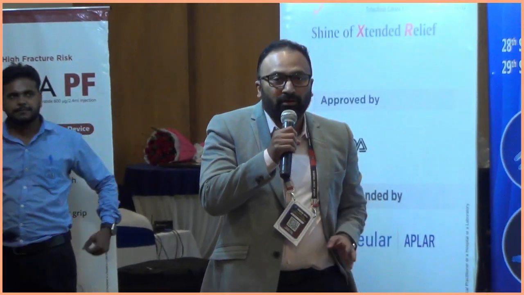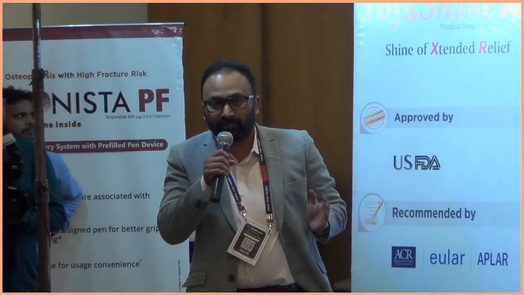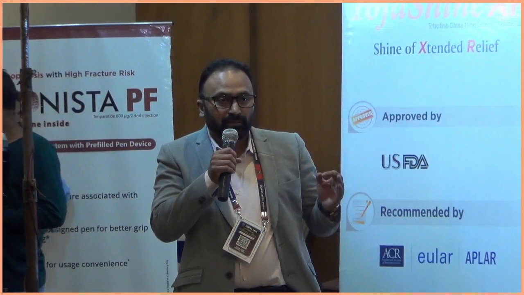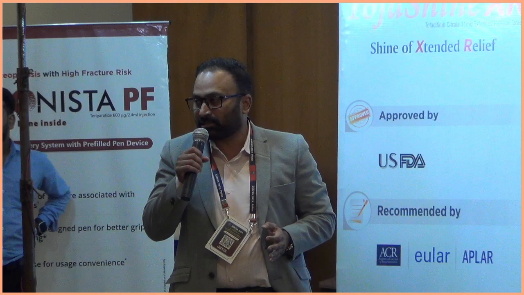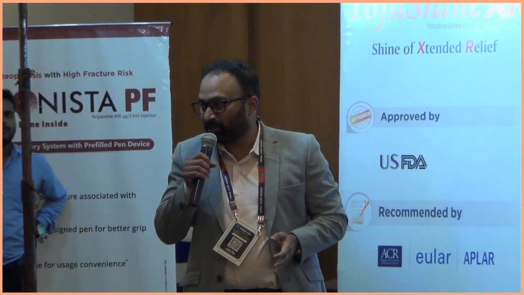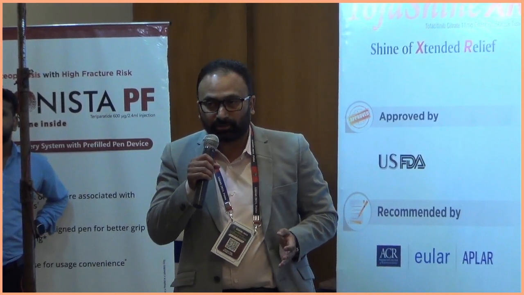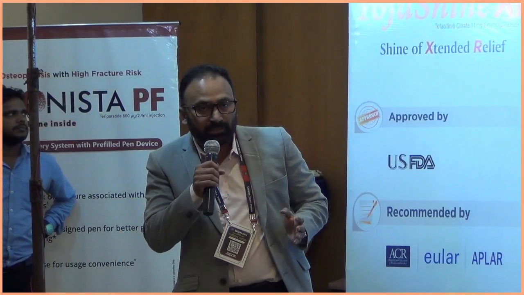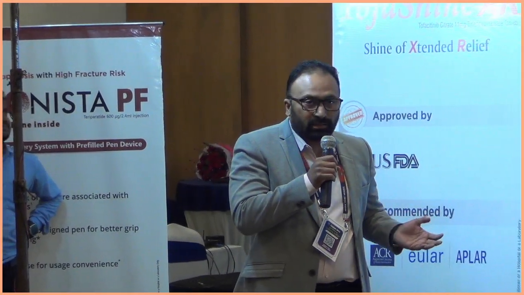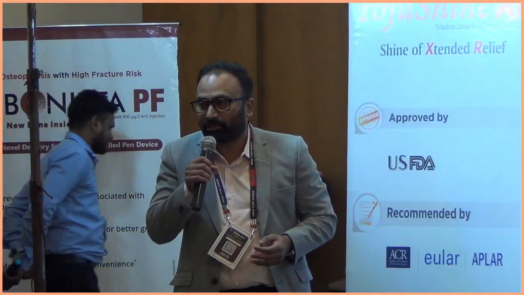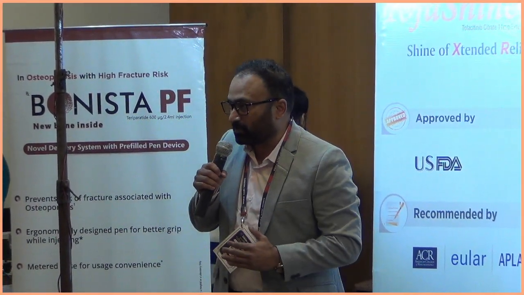Tofacitinib is not the first-line drug of choice for rheumatoid arthritis. Whenever we diagnose rheumatoid arthritis, the first drug of choice is methotrexate, unless it is contraindicated or the patient is intolerant to methotrexate. If methotrexate doesn't work, you can add some other drugs to the methotrexate. In that phase, tofacitinib comes.